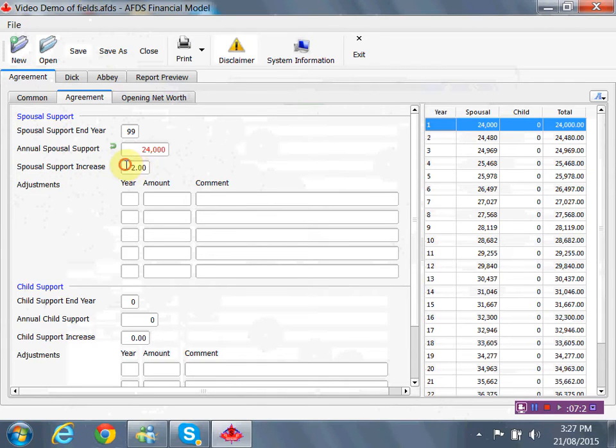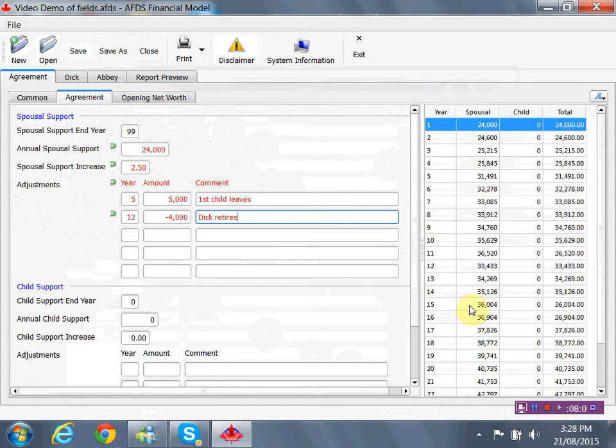And if we put in an index, it's going to increase it by the same amount as the person's salary increase. If there were adjustments, maybe in year 5 there's an increase because the first child leaves home. And then maybe 12 years down the road, it actually goes down because Dick retires and his income reduces.